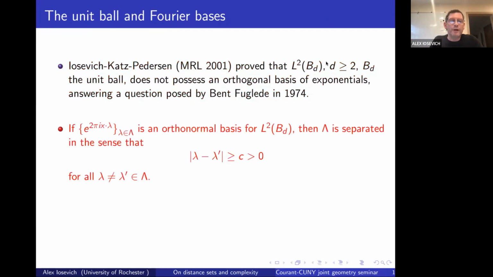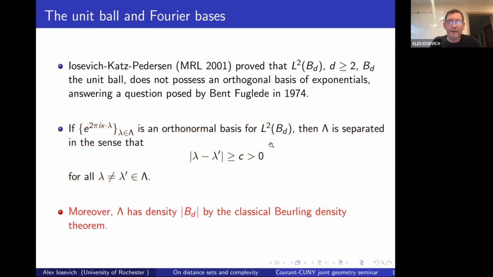Okay, so what does it mean that we have an orthonormal basis? Well, in particular, it is very easy to deduce that the spectrum, so you have a basis of the form e to the 2 pi i x dot lambda, and it's very easy to see that different lambdas are separated. This is roughly on the level of second year undergraduate analysis.